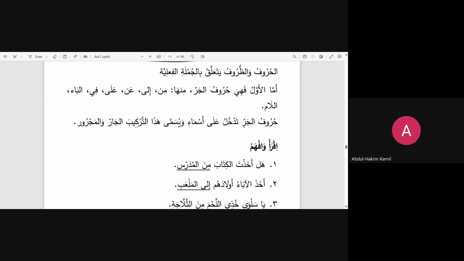Min means the bidayah, where you start from. طيب, حروف الجر تدخل على أسماء. These huruf don't enter on verbs. They enter on the ism, and it makes it have a kasra all the time, or makes it majroor if it accepts a kasra.